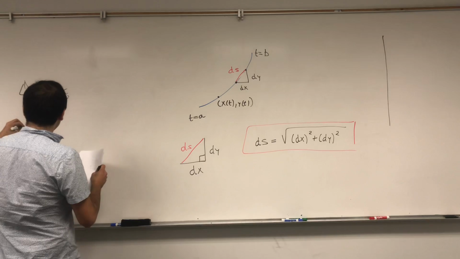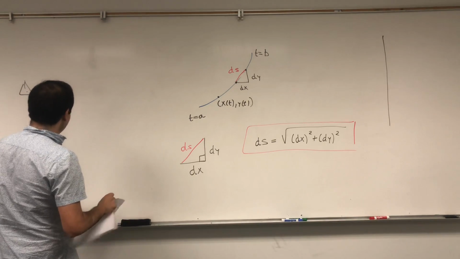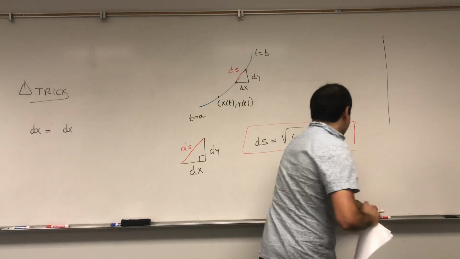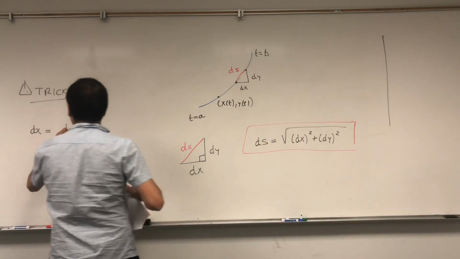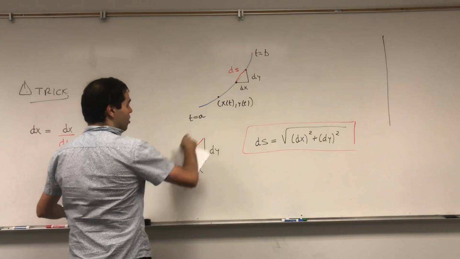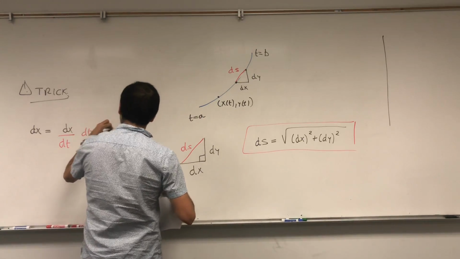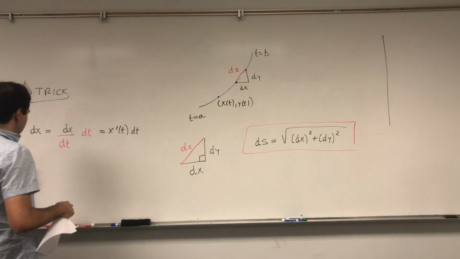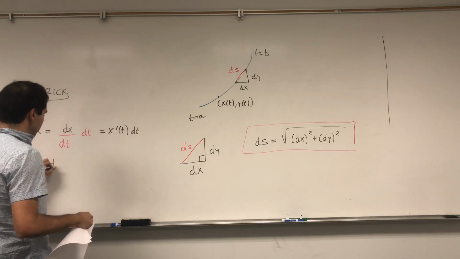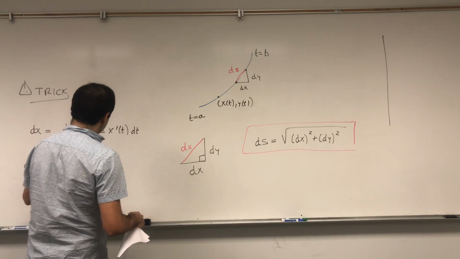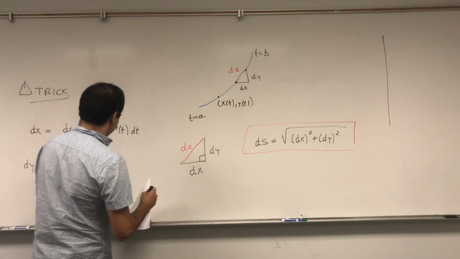Namely, dx is nothing else than dx over dt times dt, which becomes, because we parameterized this, x prime of t dt. And similarly, dy equals dy over dt times dt, which is y prime of t dt.